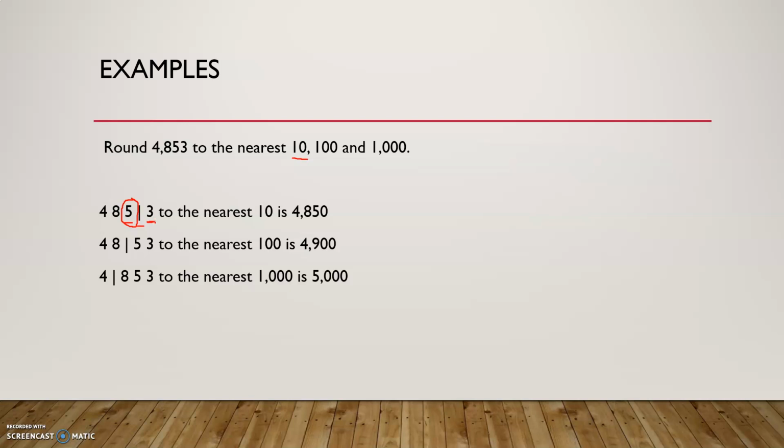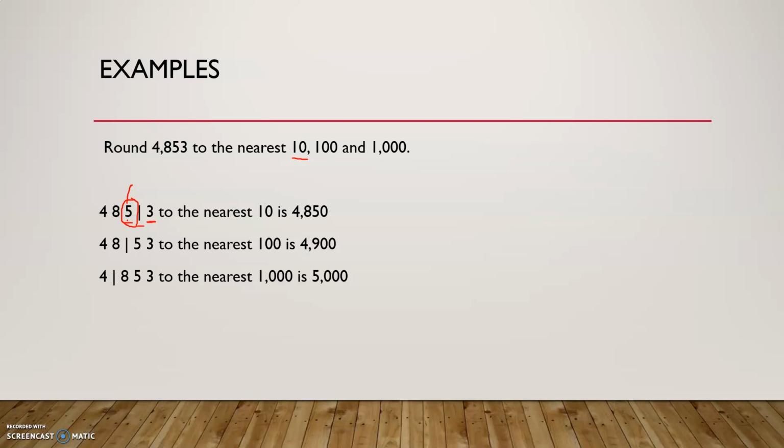After that, we need to look at the next digit, which is 3. If it's 5 or more, then we have to increase this number by 1. However, if it's less than 5, then we have to keep the number the same. So here we go, 3, which is less than 5, hence we're not going to increase.